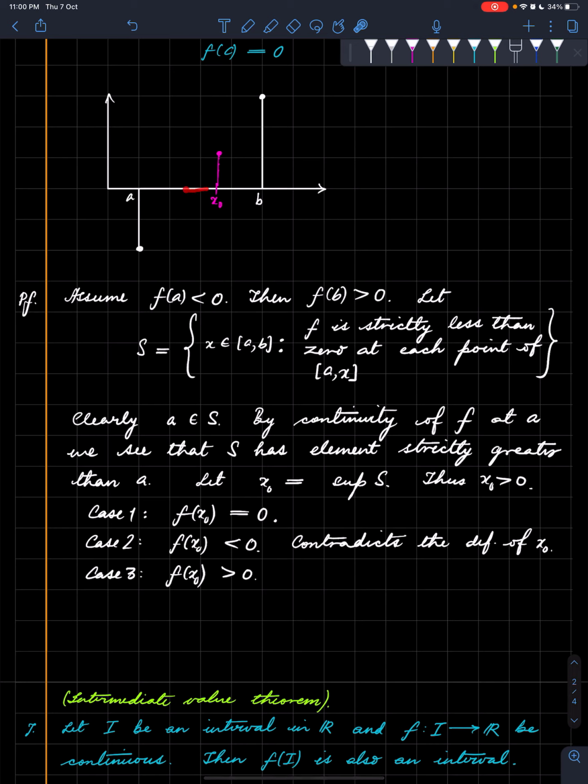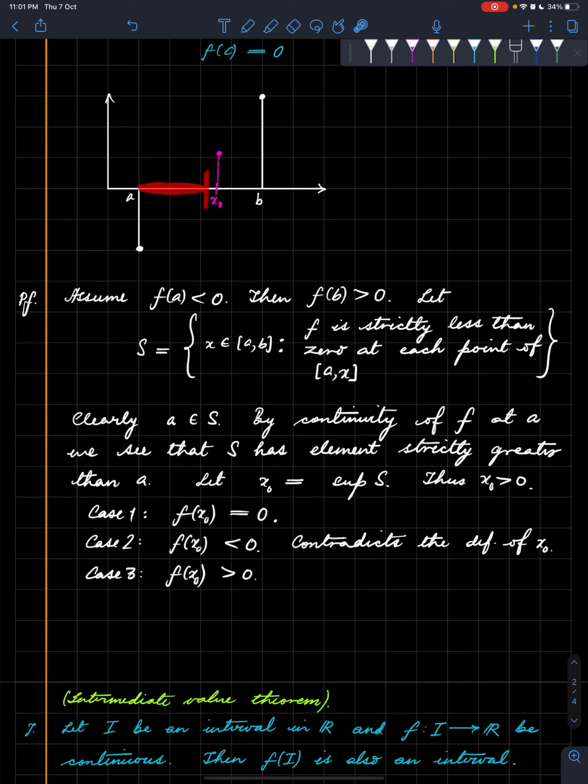And therefore, if you take any point less than x naught, on this entirety of this interval, f takes only negative values. It does not take 0 or positive values. So if you just take anything less than x naught on this entirety of the thing, the function is negative.